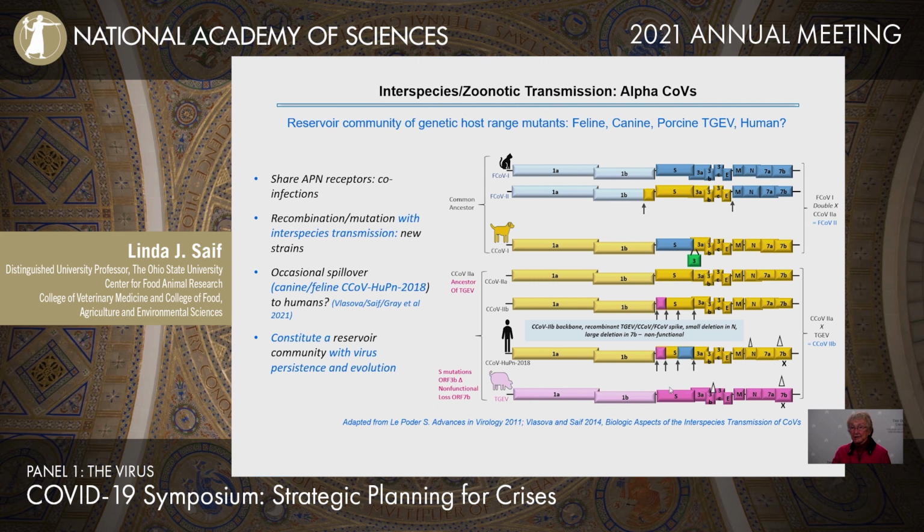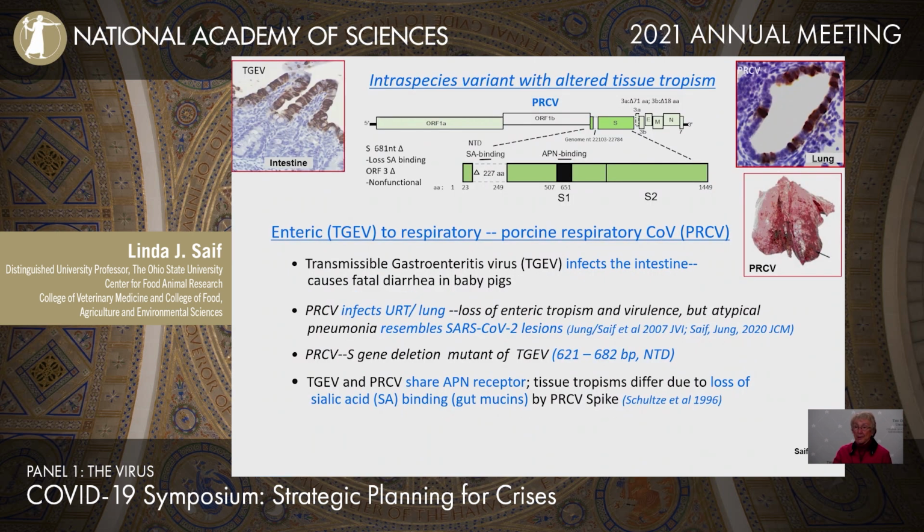It has a mosaic of the spike from the pigs, the original recombinant from pigs that's in canine, and then from dogs and from cats. It also has a short mutation in the N protein and a large deletion in the open reading frame 7B that's likely non-functional. Interestingly, the 7B open reading frame was deleted when the virus was transmitted from dogs to swine.